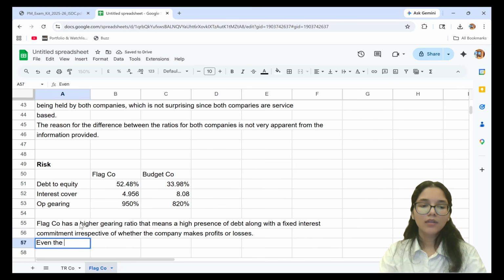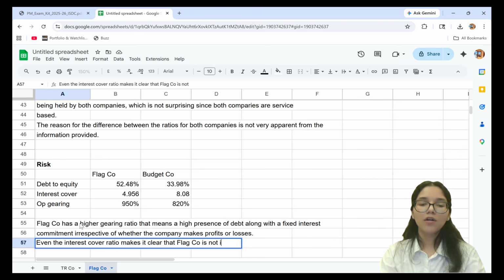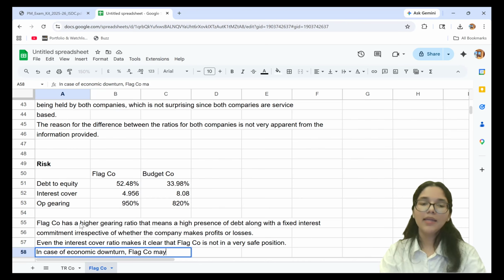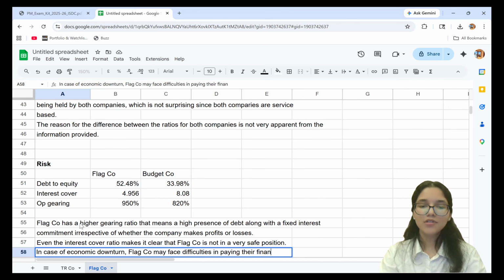Even the interest cover ratio makes it clear that flag company is not in a very safe position. In case of an economic downturn, flag company may face difficulties in paying their financial obligations.